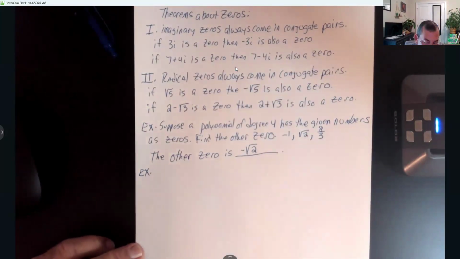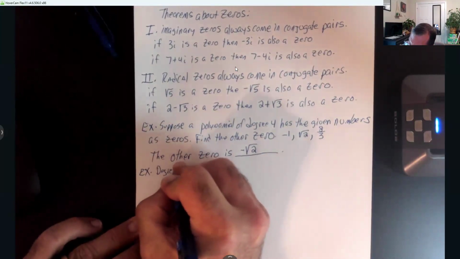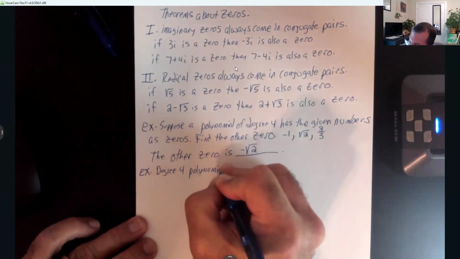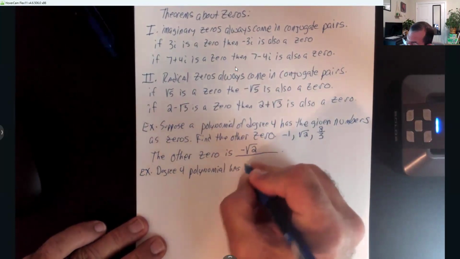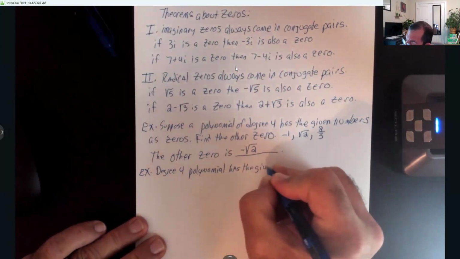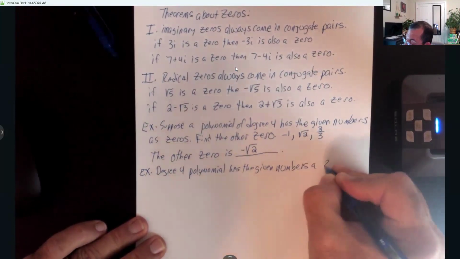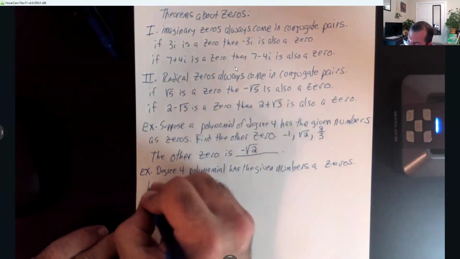So let me see what y'all do on this one. So degree 4 polynomial has the given numbers as zeros. They want to find the other zeros.